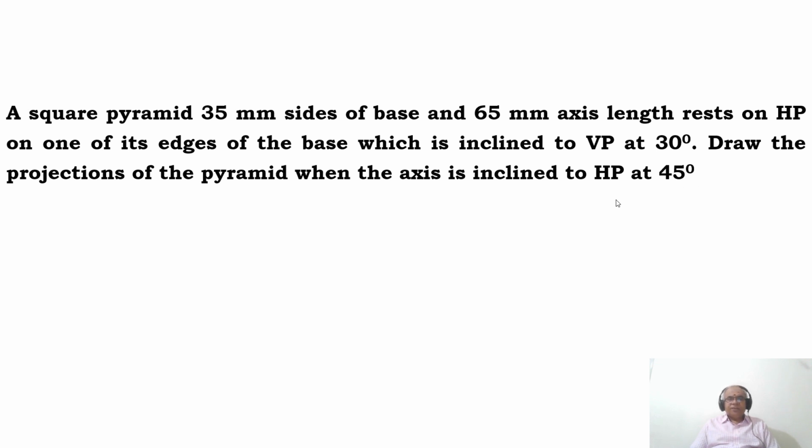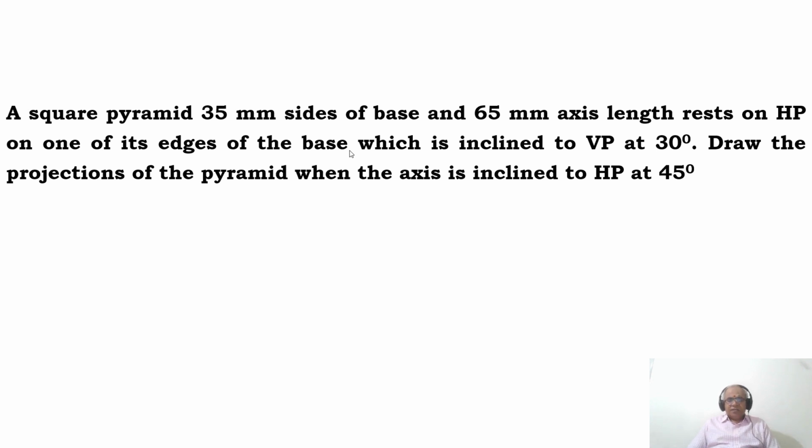To do this, first we should know how to analyze this problem and solve it manually. So he says a square pyramid of 35 mm sides of base and 65 mm axis length rests on HP on one of its edges of the base. Since it is resting on one of the edges of the base, the edge resting on HP has to be perpendicular to VP.